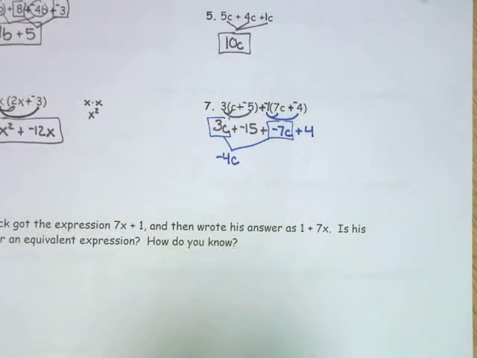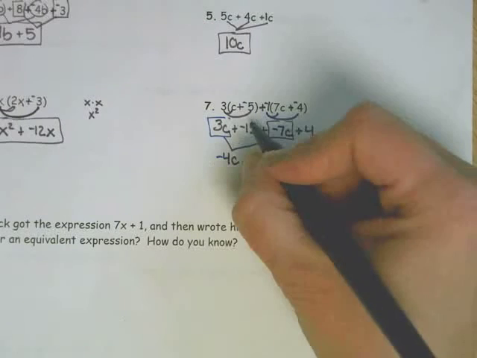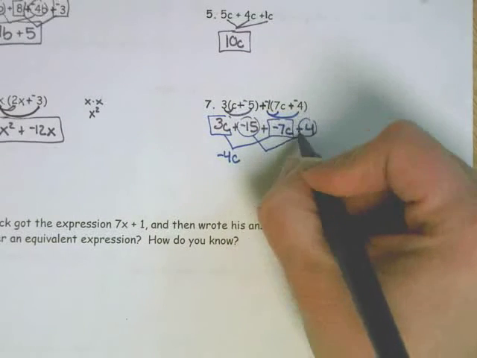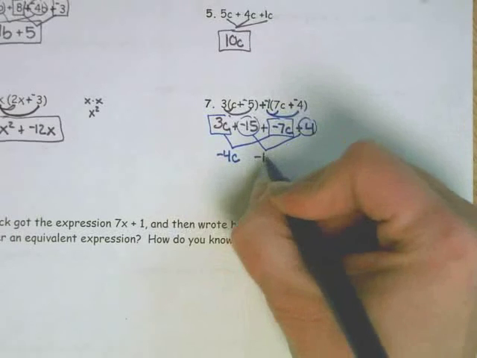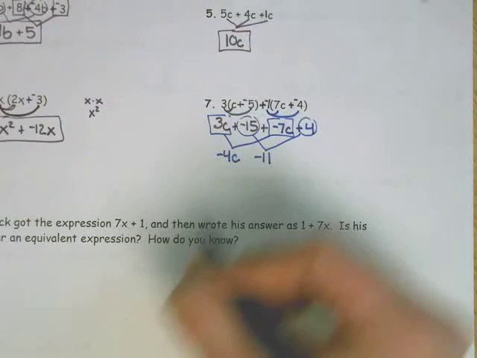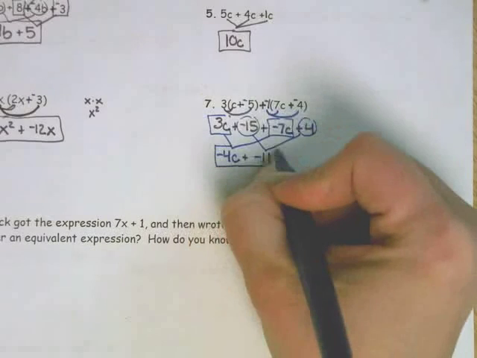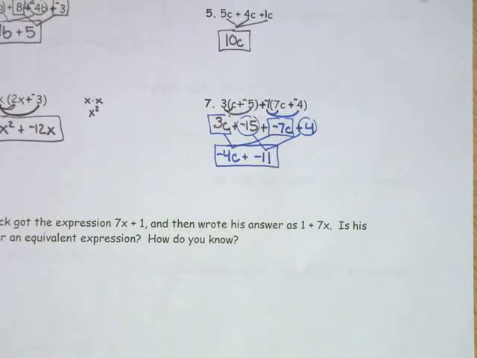There's more negatives than positives, so negative 4c. And then I've got negative 15 plus 4, still stays in the negatives, but goes more towards 0, is a negative 11. So negative 4c plus negative 11 would be my simplified expression for that one.